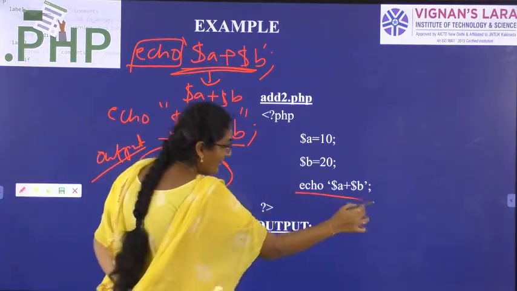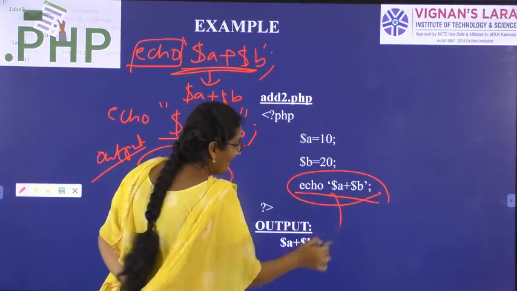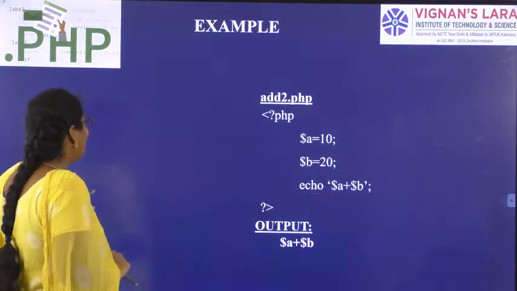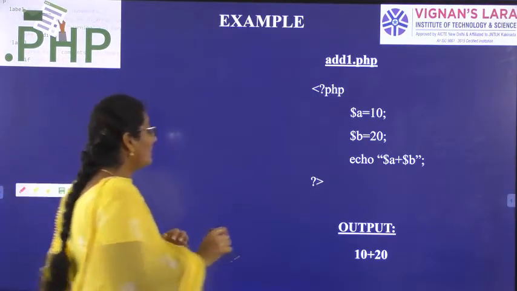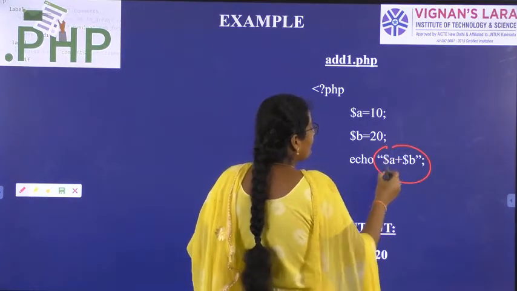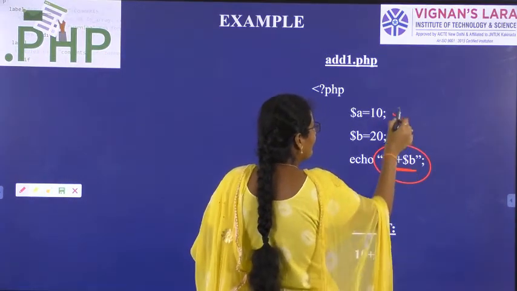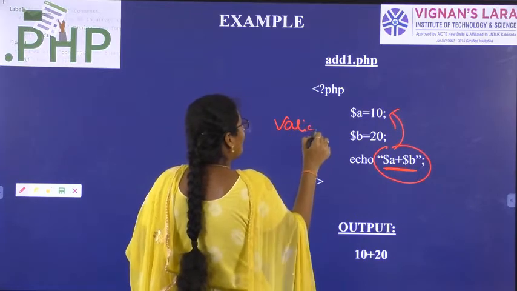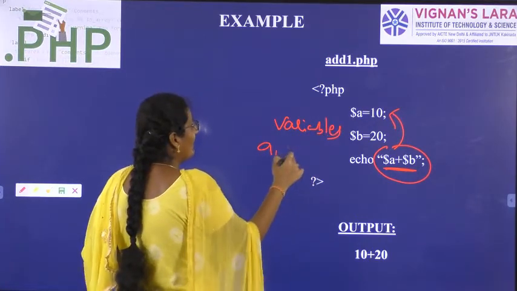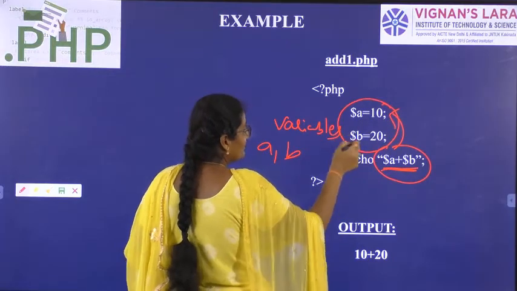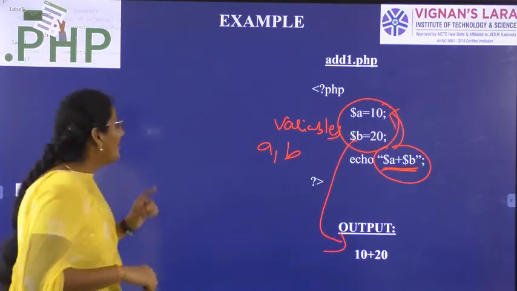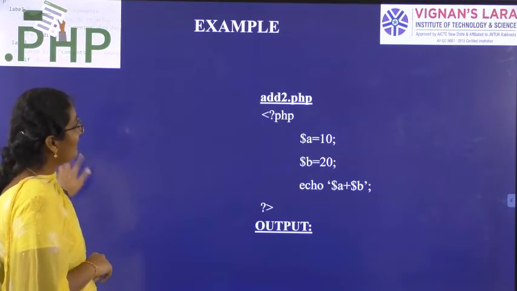So I have used single quotations here, so I got it as the output. In the previous program we used double quotations, so the values assigned for these variables, A and B, will print as the output.